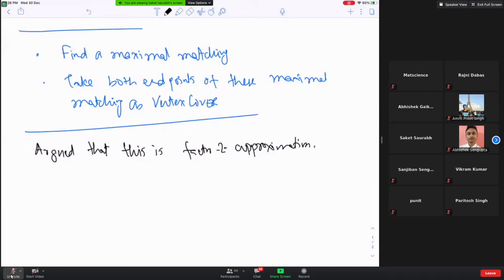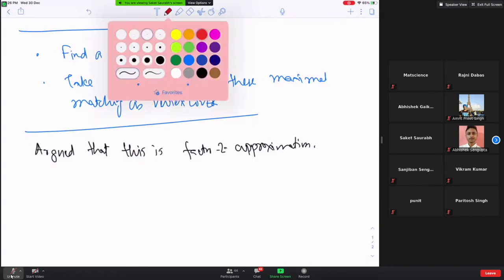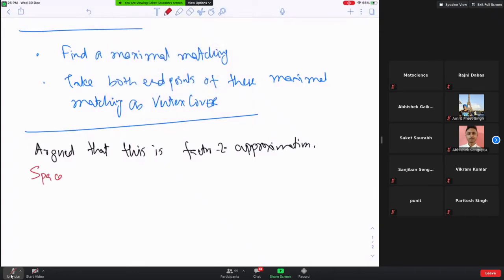Anybody? What's the space complexity of this algorithm? We are storing vertices, and for each vertex we have to remember what vertex it was, so something like n log n.